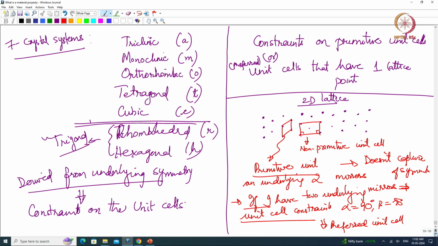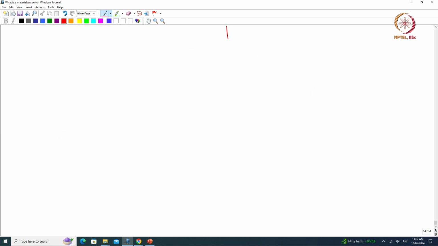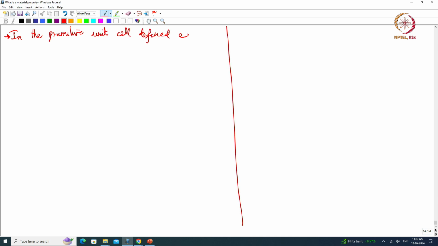However, in the primitive unit cell defined earlier, alpha is not equal to 90 degrees, beta is also not equal to 90 degrees, right.